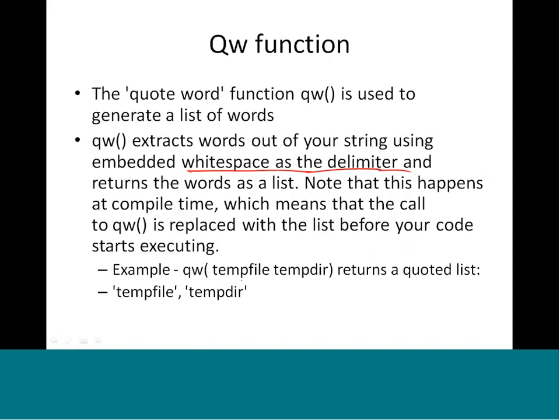And then it returns words as a list. One thing to note is that it happens at compile time, which means that the call to the QW is replaced with the list itself before the code starts executing. So here one simple example is quote word tempfile tempdir. It returns tempfile and tempdir as two different values.